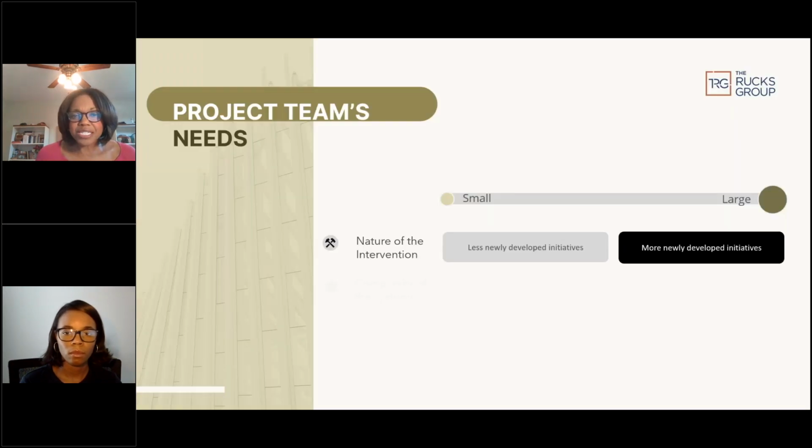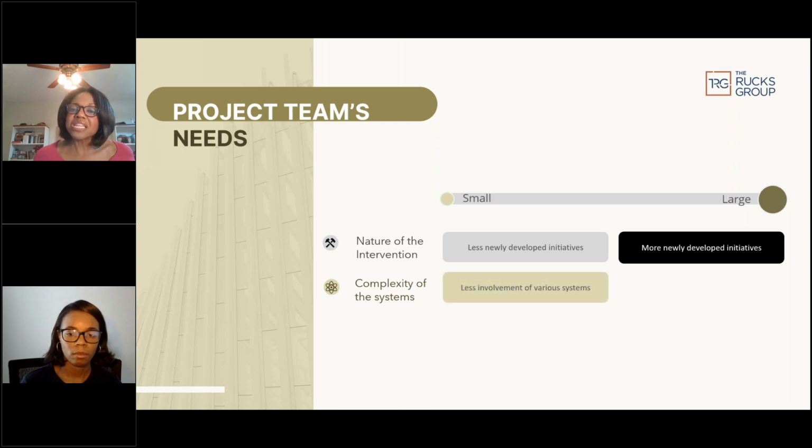Another dimension to consider, in understanding what the needs are and what you need to learn, is the complexity of the systems. Are there fewer systems involved in implementing the project, or a large number of systems?